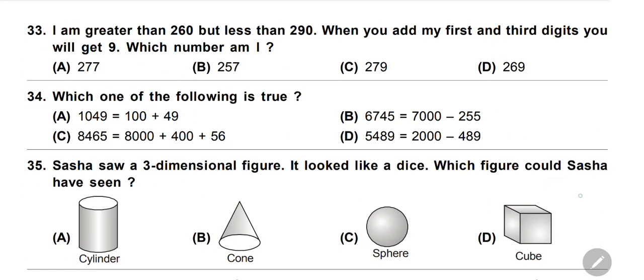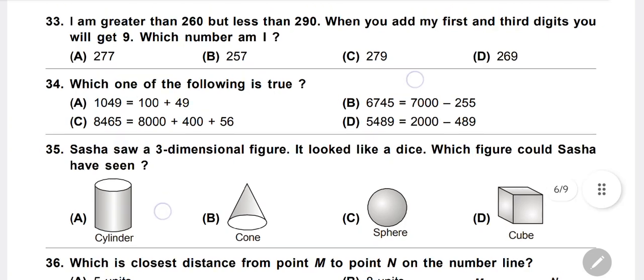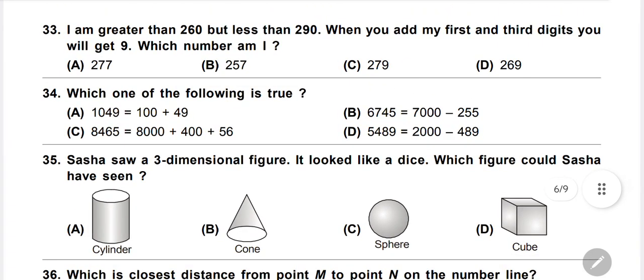Am I greater than 260 but less than 290? Okay. We agree with you. You are greater than 260 but less than 290. When you add my first and third digit, you will get 9. Which number am I?